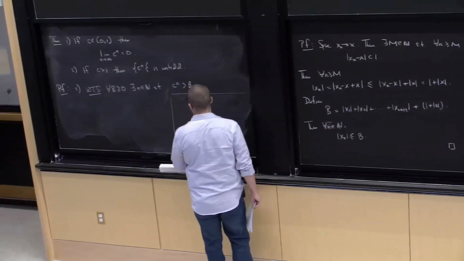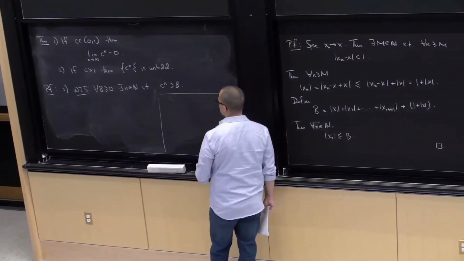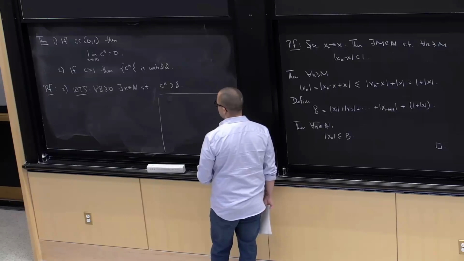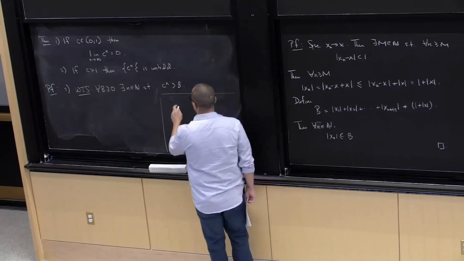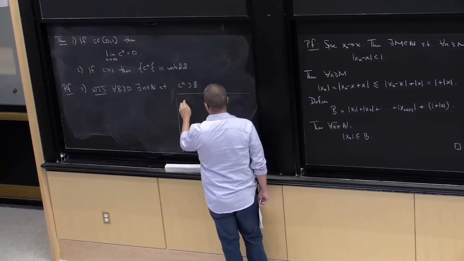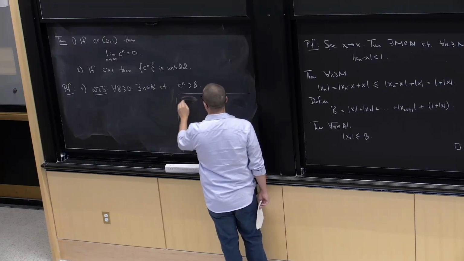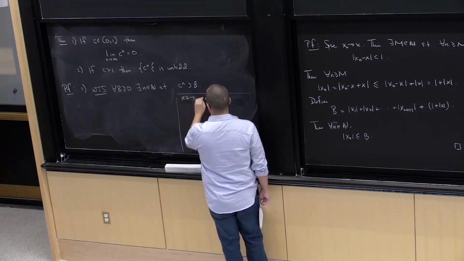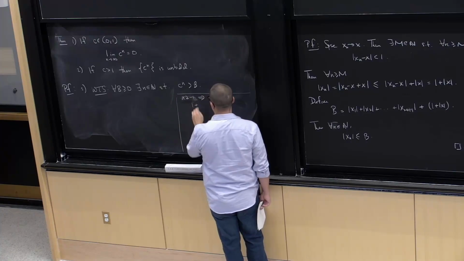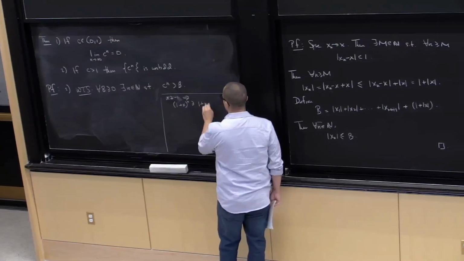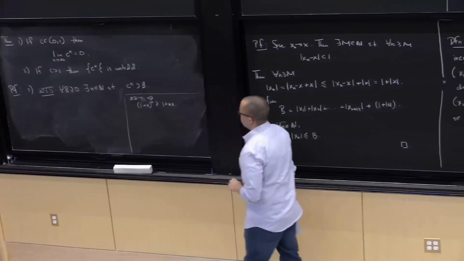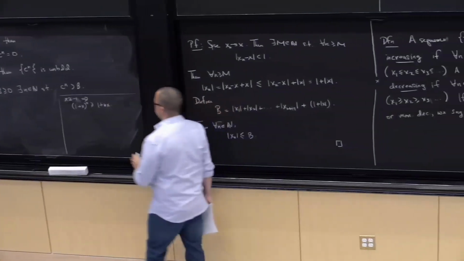So let me do a little bit of, again, this is off to the side, kind of how would one think through this. If you look at c to the n, remember we have this inequality from infinite time ago that as long as x is bigger than or equal to minus 1, then I get 1 plus x to the n is bigger than or equal to 1 plus n times x. Okay? For all natural numbers n.